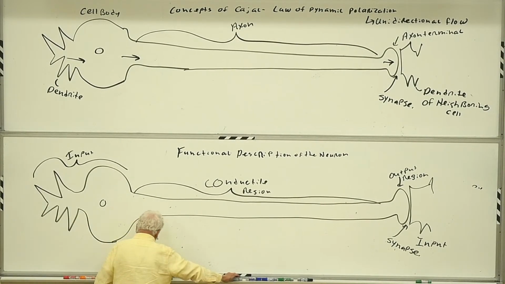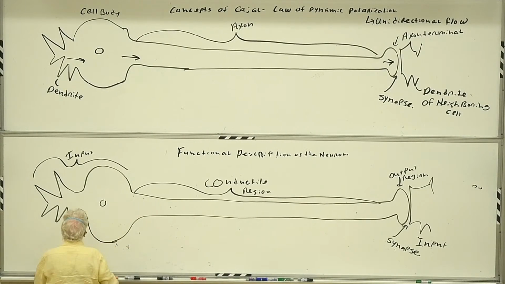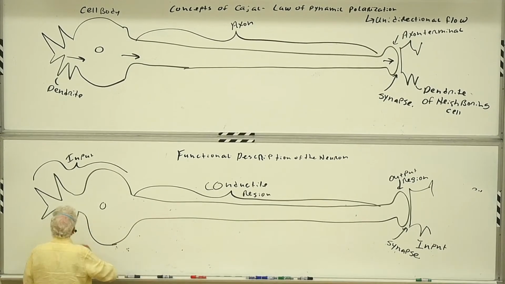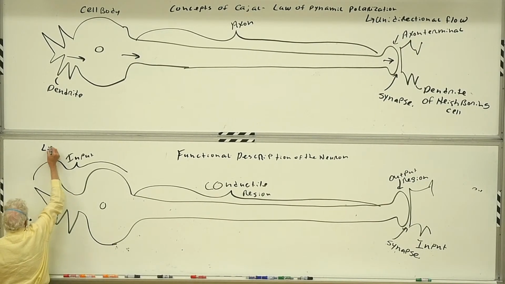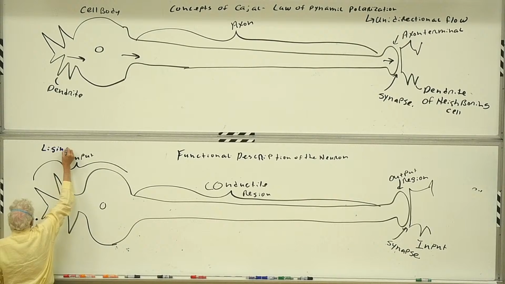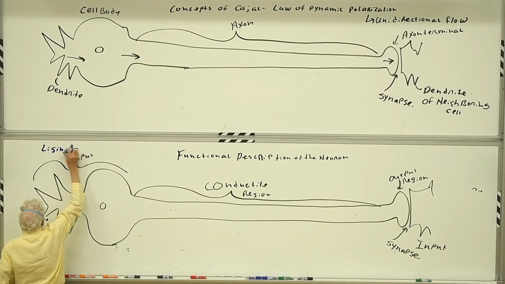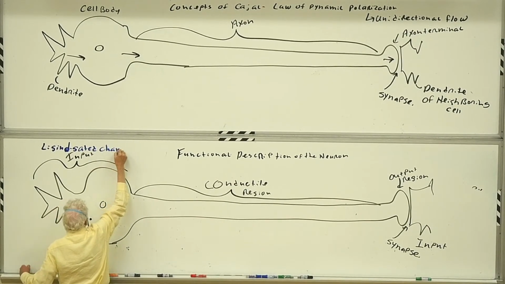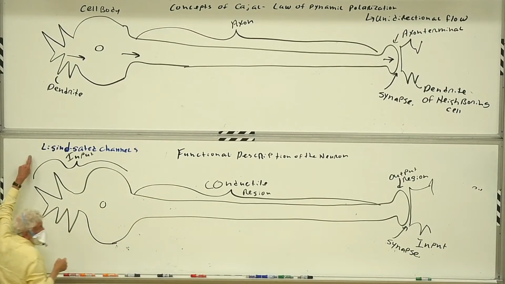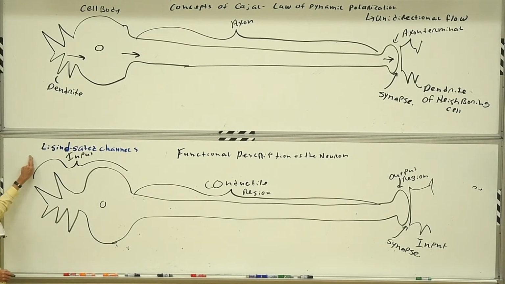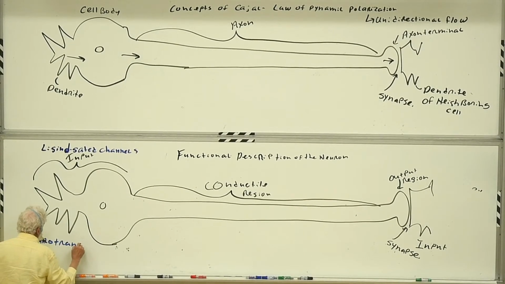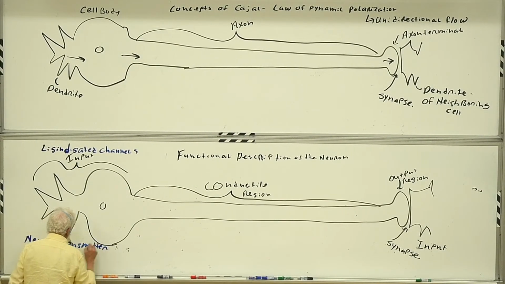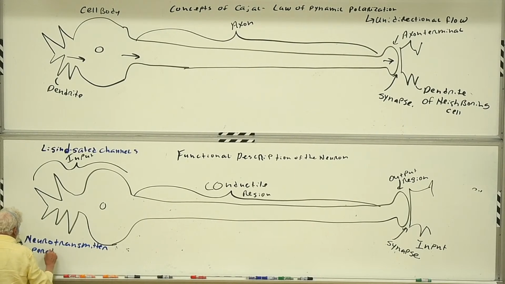So when we're talking about input regions, the input regions were characterized by ligand-gated channels. This is a technical term, and we're going to use it over and over again, but when we talk about ligand-gated channels, what we're really meaning is neurotransmitter operated channels.